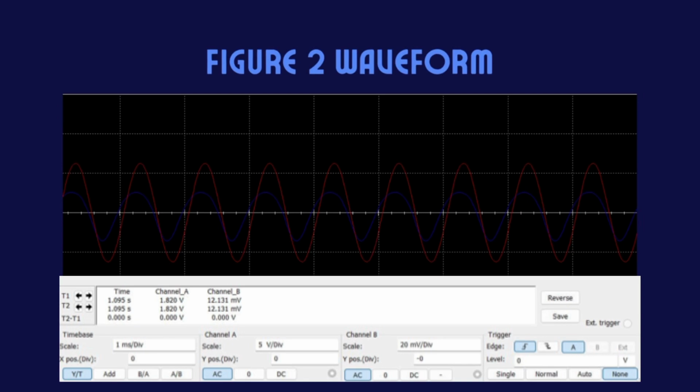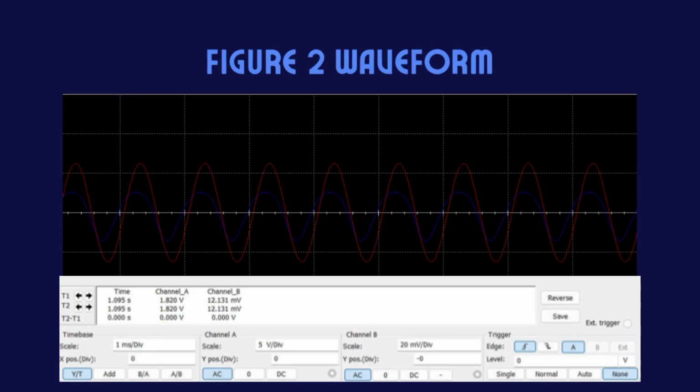This allows the V in waveform to be displayed clearly without appearing flat. Channel B uses a larger voltage scale because the output voltage is significantly higher, in the volt range. Using a larger scale prevents the output waveform from being clipped on the display.